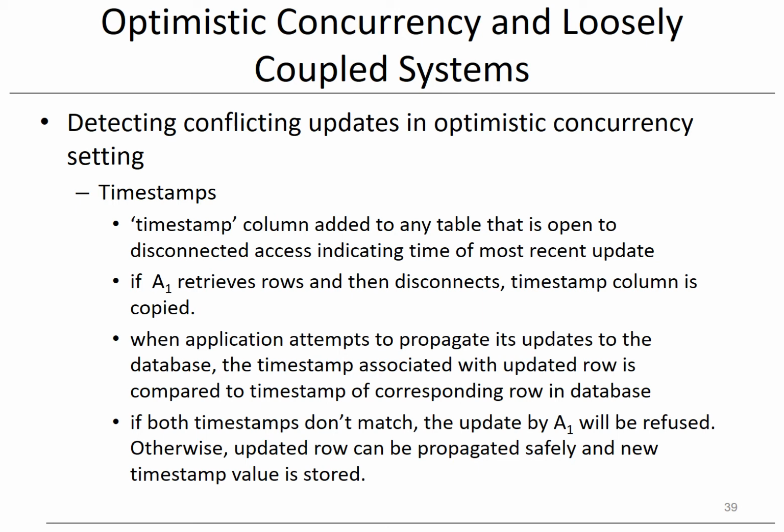At the moment when the application attempts to propagate its updates to the database, the timestamp associated with an updated row is compared to the timestamp of the corresponding row in the database. If both timestamps don't match, it means that the row in the database was updated by another application A2 in the meantime, so the update by A1 will be refused. If the timestamps match, the updated row can be propagated safely to the database, and a new timestamp value is stored in the database for the corresponding row.